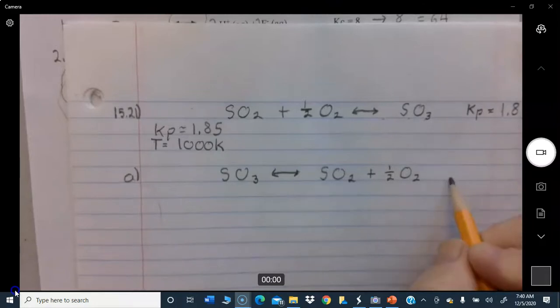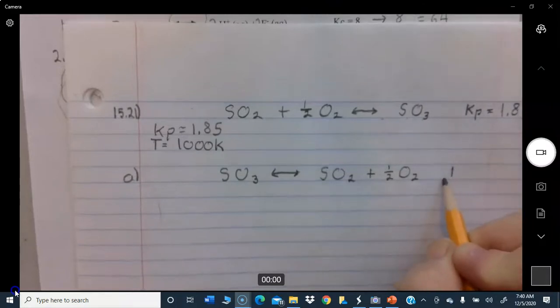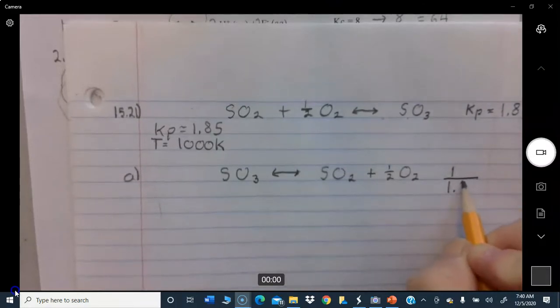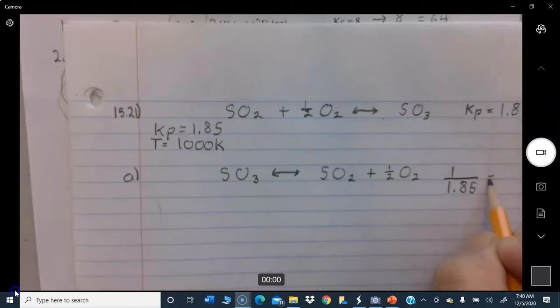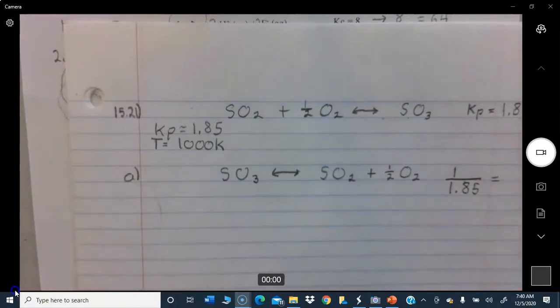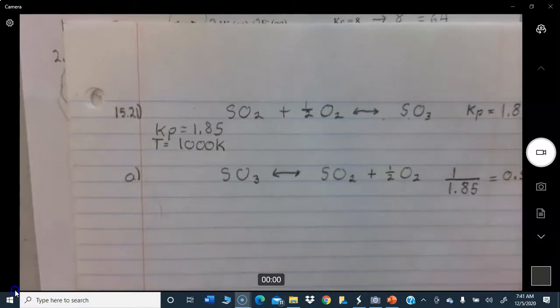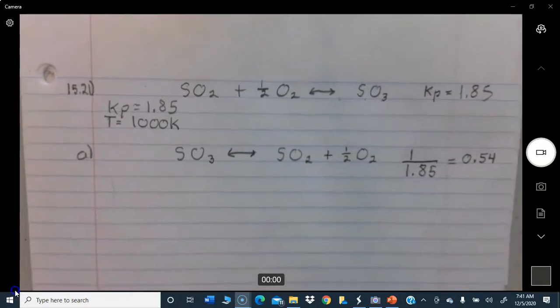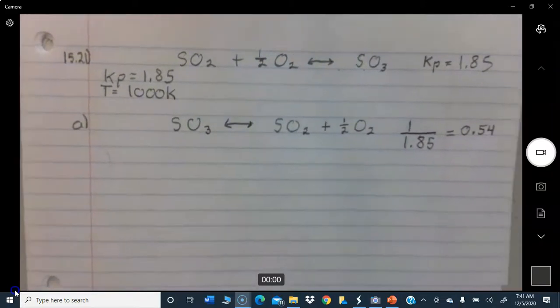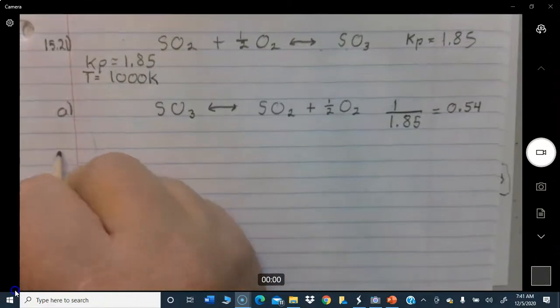So when we reverse it, it's going to be the reciprocal of that. And that gives us 0.54. Okay, and that's all there is to that question.